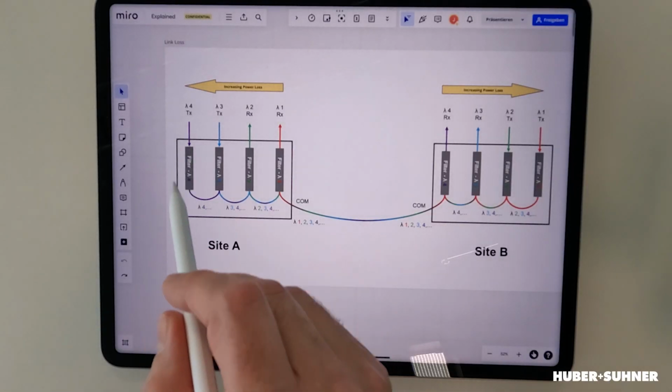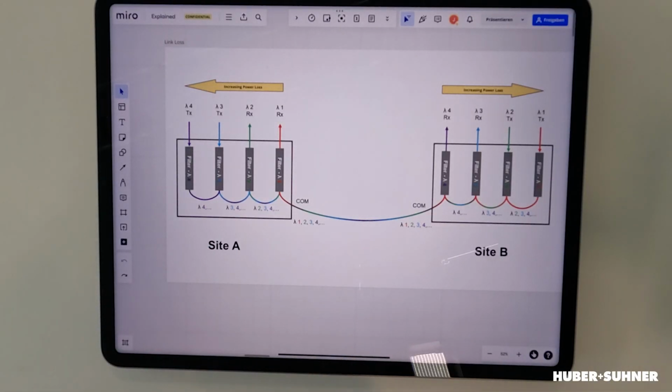And that's why we invert the filter cascade of the demultiplexer relative to the filter cascade of the multiplexer. In other words, the channel that on the multiplexing side has the highest insertion loss will have the lowest insertion loss on the demultiplexing side. And by doing this, the link loss for each individual channel will always be the same.